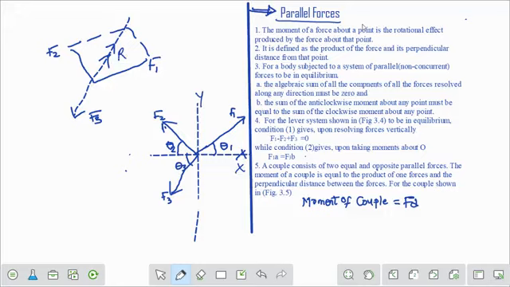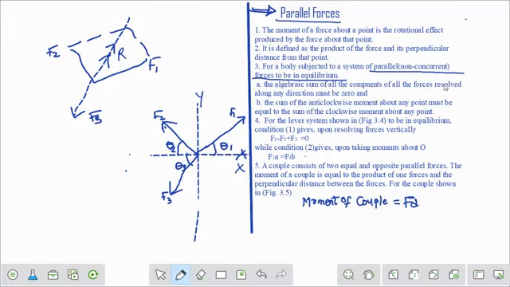Another definition for moment is that it is defined as the product of the force and its perpendicular distance from that point. Now a body subjected to a system of parallel forces, that is non-concurrent, is called parallel forces. So another name for parallel forces is non-concurrent or non-coplanar forces.